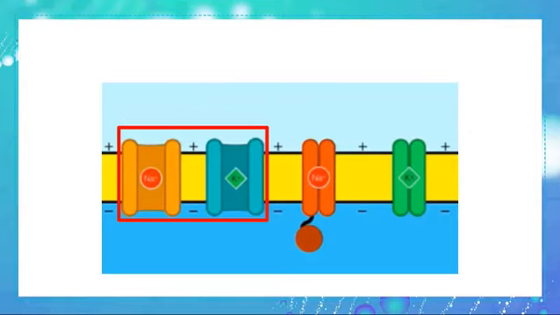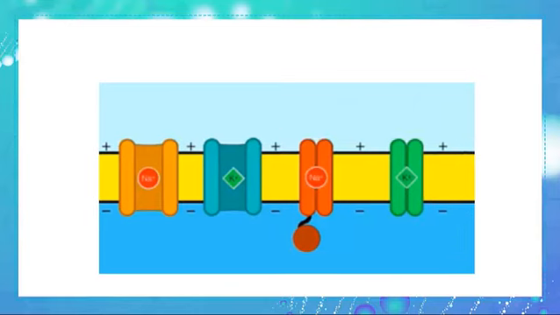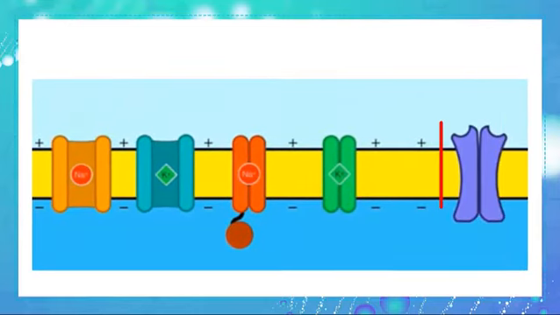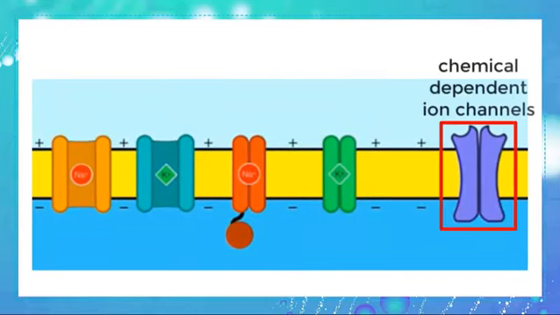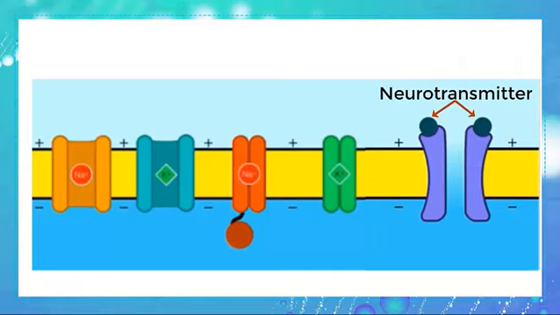And in document 2, you've learned about the voltage-dependent ion channels and their role in the generation of an action potential. Well, there's one more type of ion channels. It is the chemical-dependent ion channel. It is called so because it only opens upon binding to a chemical, which is the neurotransmitter in this case.